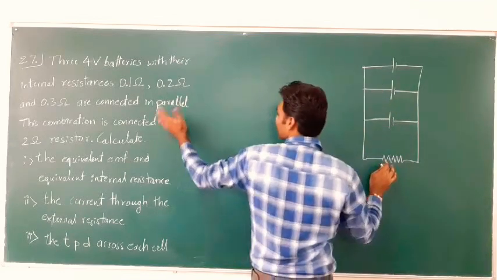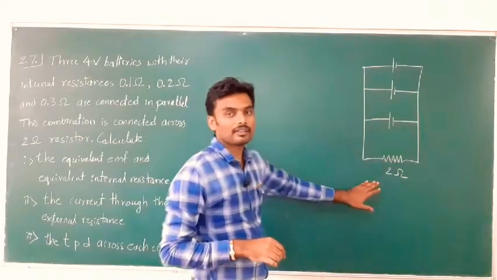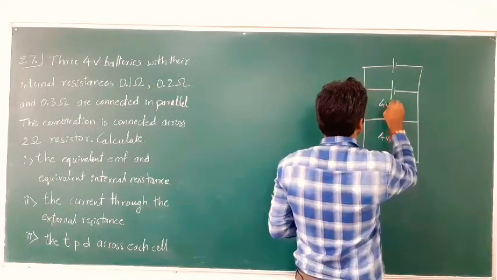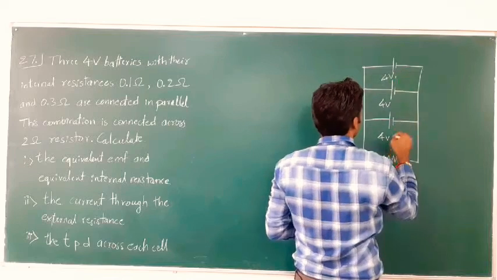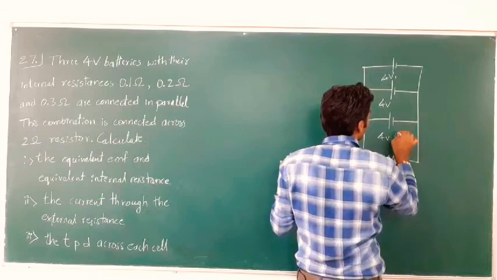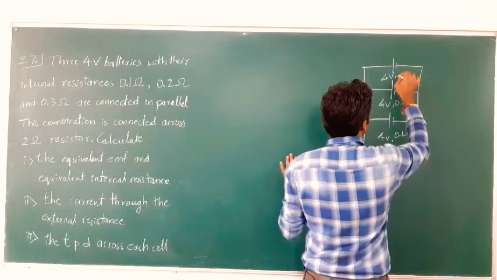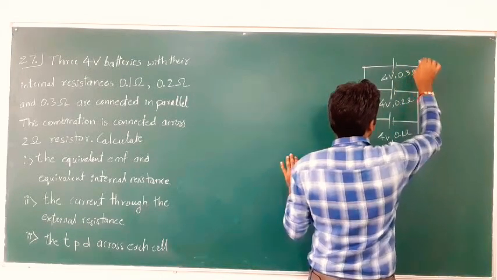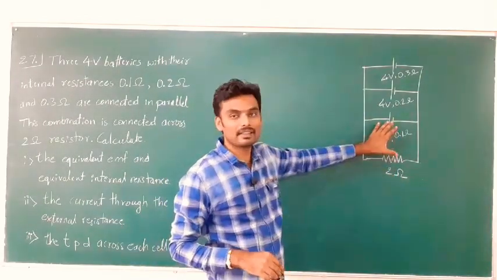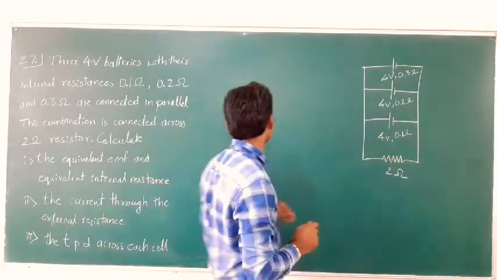This resistor is of 2 ohm resistance, and all these three batteries have 4-volt EMF but different internal resistance. Let me call this battery 0.1 ohm, this 0.2 ohm, and this 0.3 ohm. This is the external resistance, and these three cells or batteries are connected in parallel like this. This is the circuit diagram.